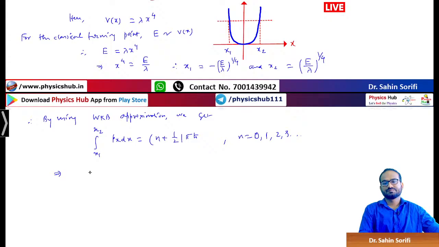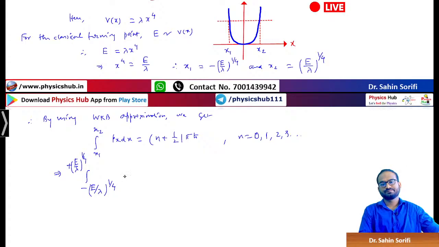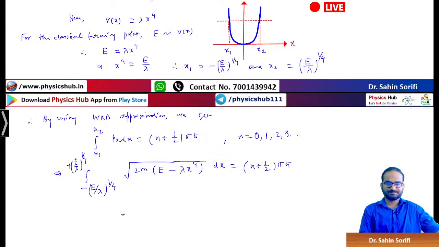Therefore, the integral from x1 to x2, where p is equal to square root of twice m times E minus V of x, so lambda x to the power 4, dx, equals n plus half pi h cut.